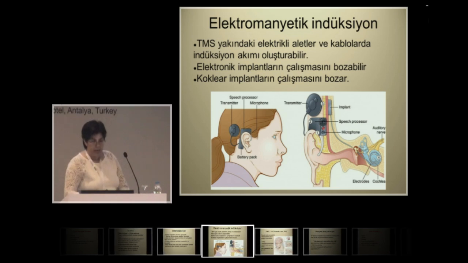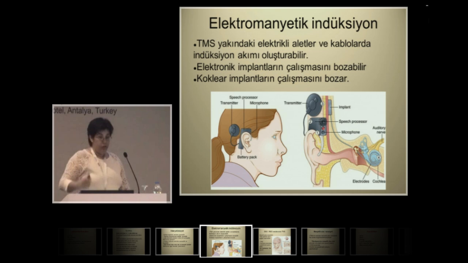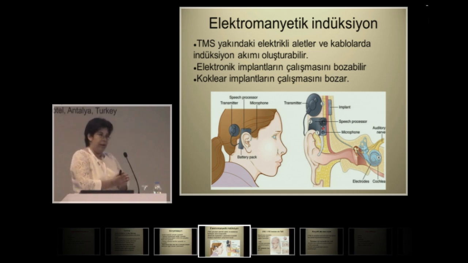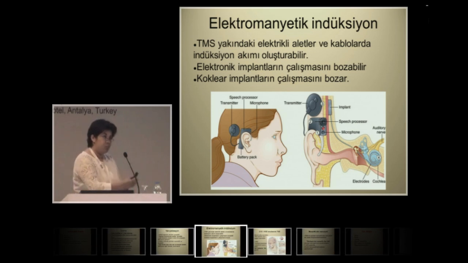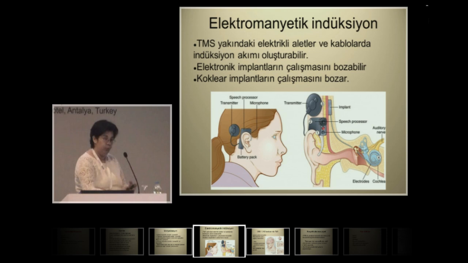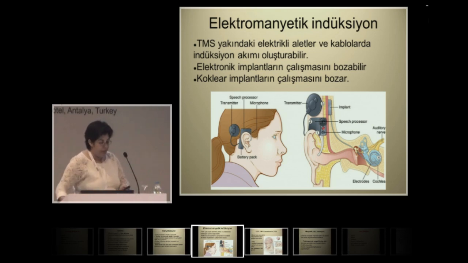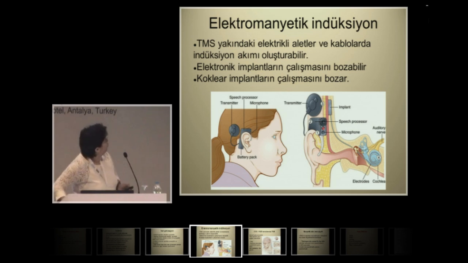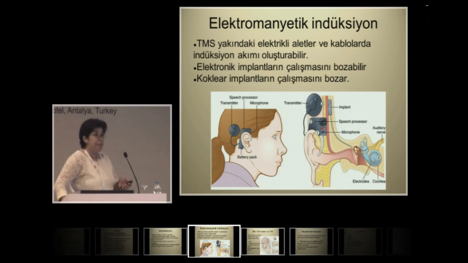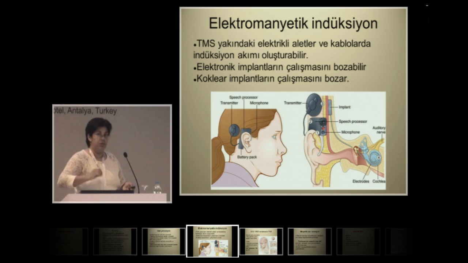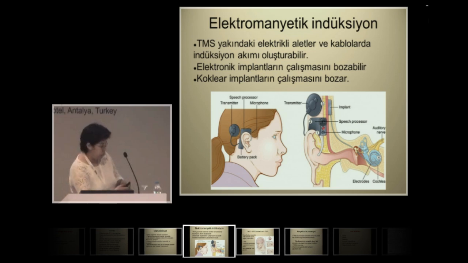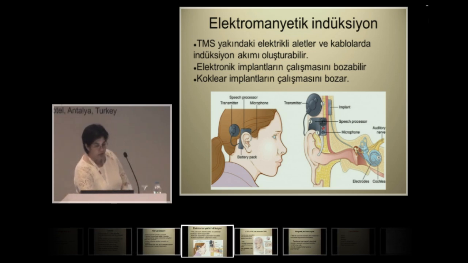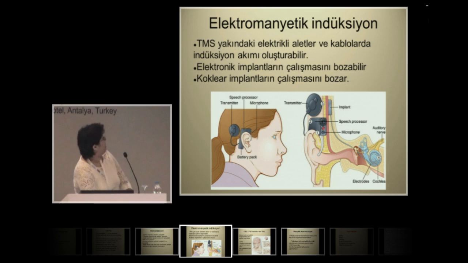Now, this is about the dislocation of the cochlear implants, and second, it has to do with electromagnetic induction. So if you have an electrical device, you create a current, although this device is switched off, or you may just interfere with the function of the device. Here you see a cochlear implant. This is the only absolute contraindication for TMS, because it just breaks down if you use TMS with a cochlear implant.